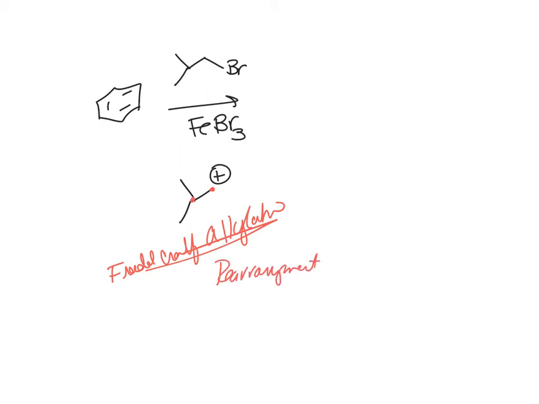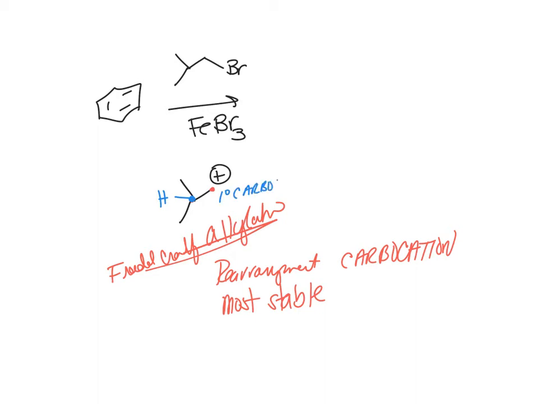Okay, so when you make a carbocation, in any reaction where you make a carbocation, you've got to make your most stable carbocation. So you will get rearrangement if you can. So you look to your neighbor, it has one hydrogen, you classify this. This is a primary carbocation.